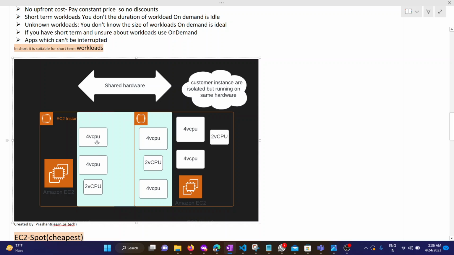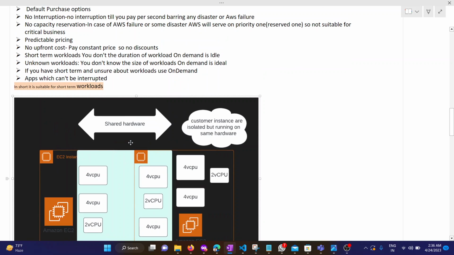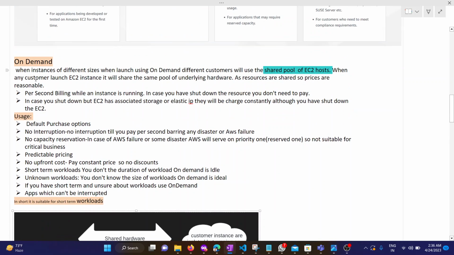This 4 vCPU, don't confuse it. It is just the capacity of the EC2 instance, and we have used this capacity here, so I just use it as shared instances. Now comes the theory part.